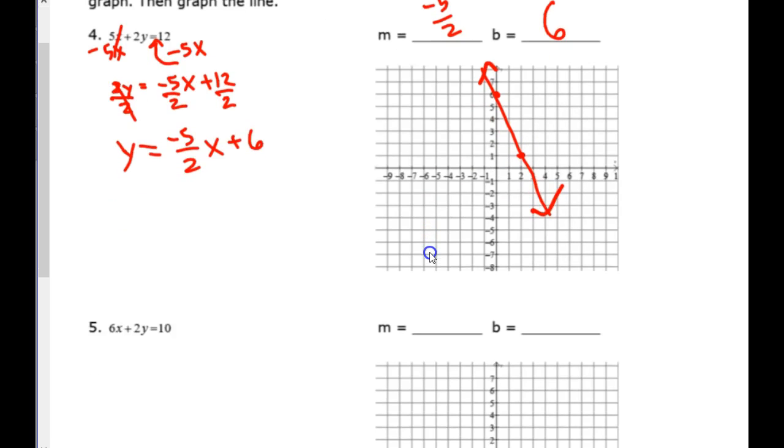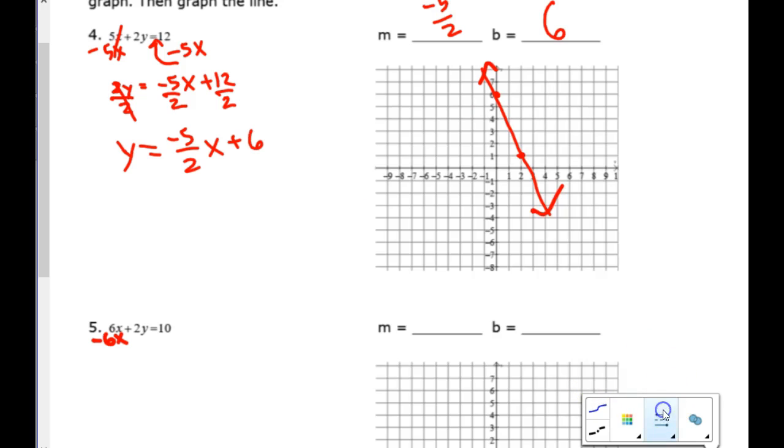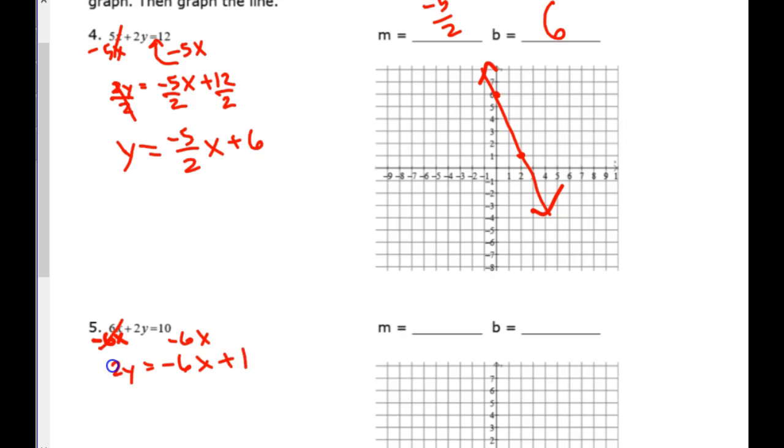Number 5, same thing. Get rid of the x, so minus 6x. Hold on. Minus 6x. So 2y equals negative 6x plus 10, because this goes right there. Divide by 2, divide by 2, divide by 2.